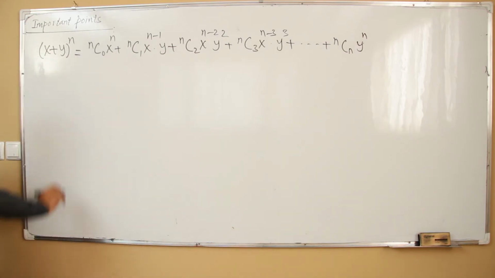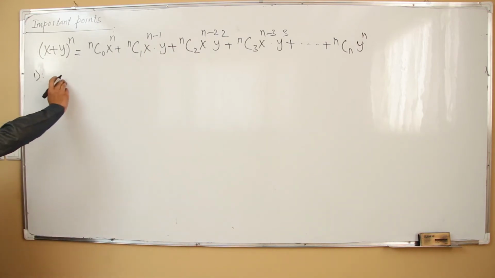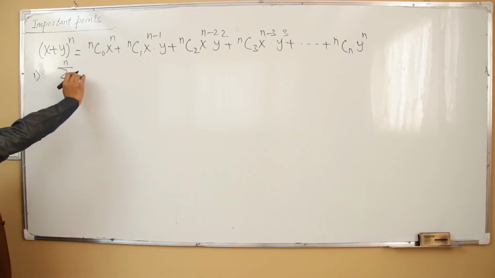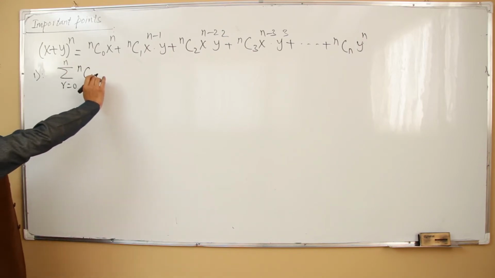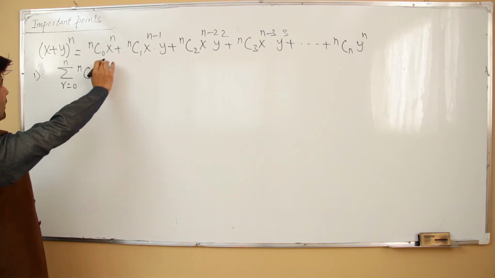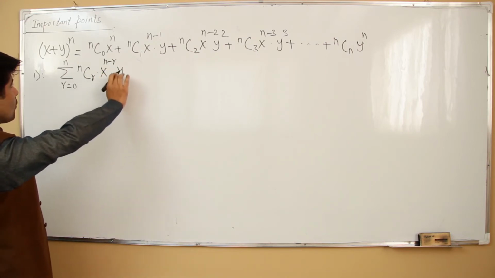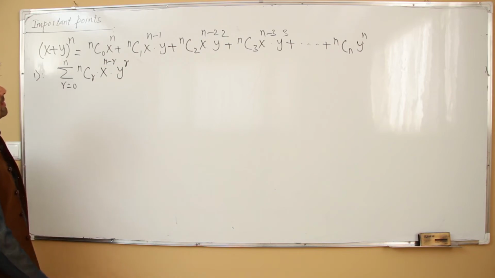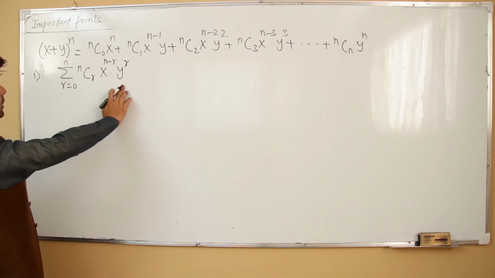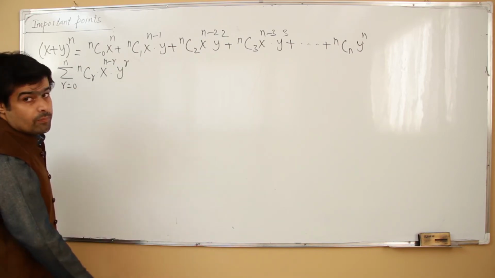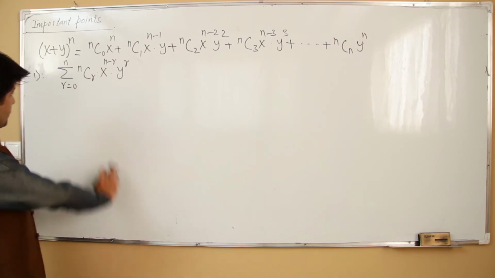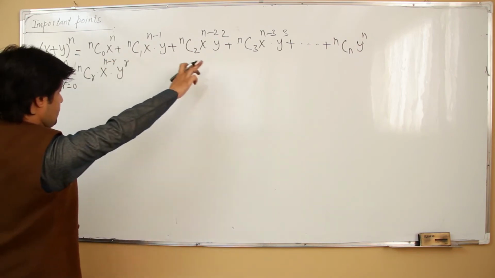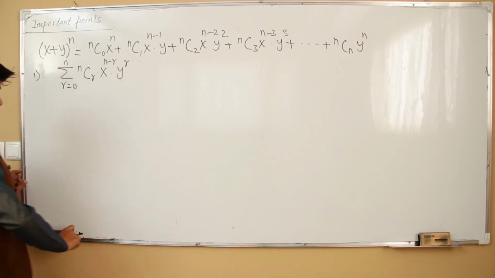Now we can use a notation like summation of r equal to 0 up to n of n cr x to the power n minus r y to the power r. This notation can be used for this formula. Why? Summation means addition of these terms.